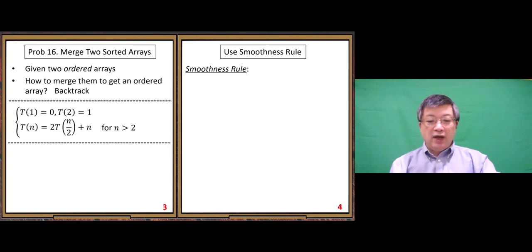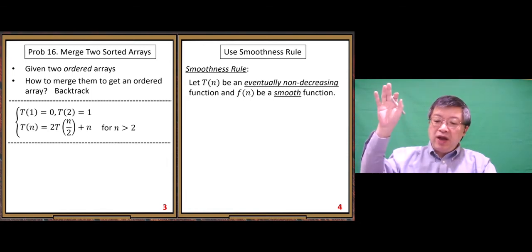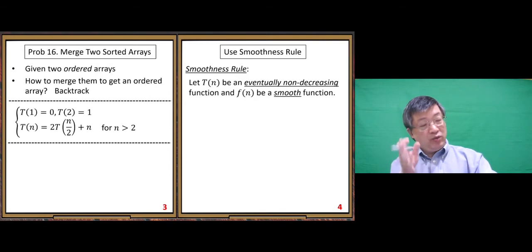Let t of n be an eventually non-decreasing function, and f of n be a smooth function. Smooth function, I will talk about that a little later. So we get this rule first.